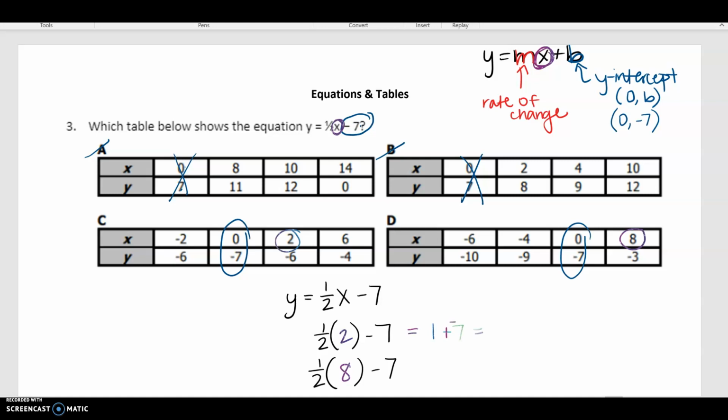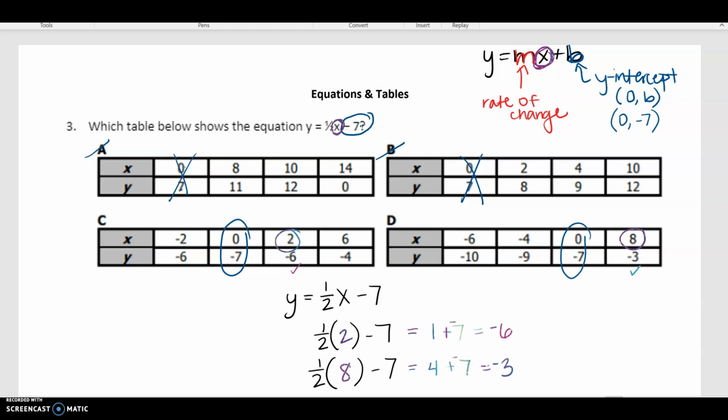So 7, different sign subtract, 7 minus 1 is 6, so I have -6, okay? So that's matching here. 1/2 of 8 is 4. 4 minus 7, again, you can't subtract a bigger number, so add the opposite. Different sign subtract, 7 minus 4 is 3, and I keep the sign of the bigger number, so -3. So those two both match, okay? So that means we're going to have to try again, okay?